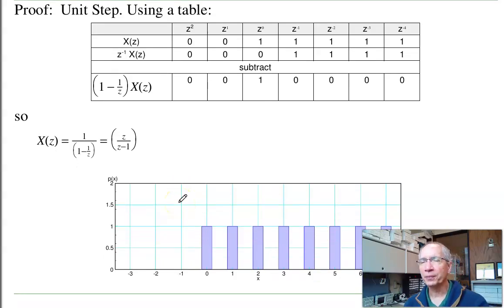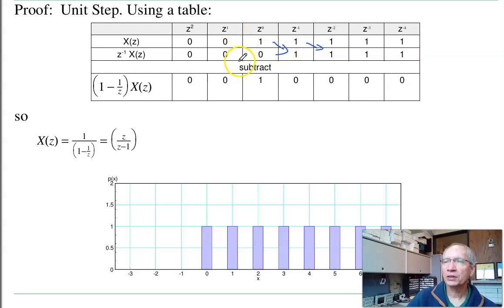A unit step. Now, if I have a unit step that's 1 for k equals 0 to infinity, 0 otherwise, if I delay this, 1 over z is delay, so that takes your function, delays it by 1. Now subtract. 0 minus 0 is 0, 0 minus 0 is 0, 1 minus 0 is 1, 1 minus 1 is 0. I get this.